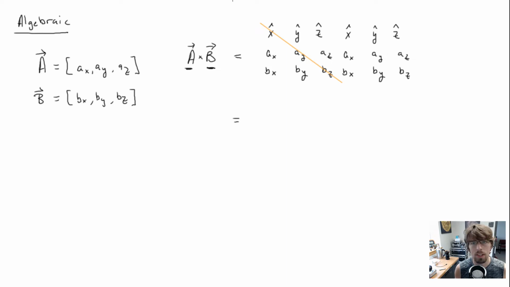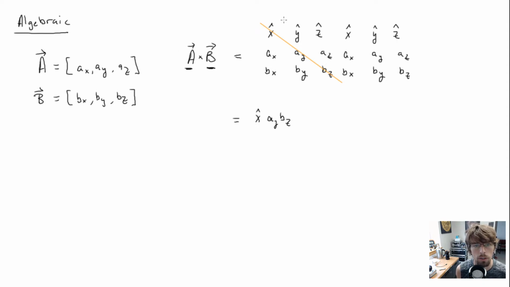Notice there's always an X, a Y, and a Z, and you'll also notice it's always in alphabetical order: X, Y, Z, X, Y, Z, X, Y, Z. So this first one, we've drawn the diagonal, and what we write down is X hat, AY, BZ. That's our first piece of this cross product.